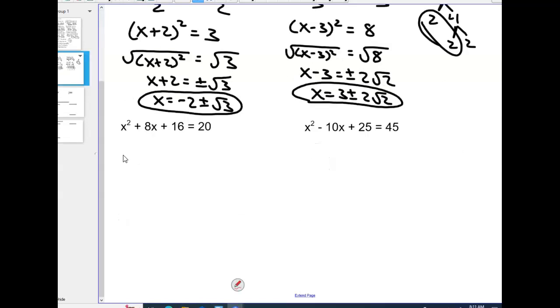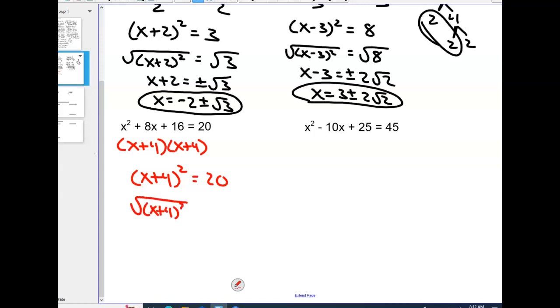If this was a 15 here, we wouldn't be able to do it. But x squared plus 8x plus 16 factors to x plus 4 times x plus 4. So it's written as x plus 4 squared is what equals 20. And whenever I have a square with a binomial with a variable in it, we take the square root of both sides.